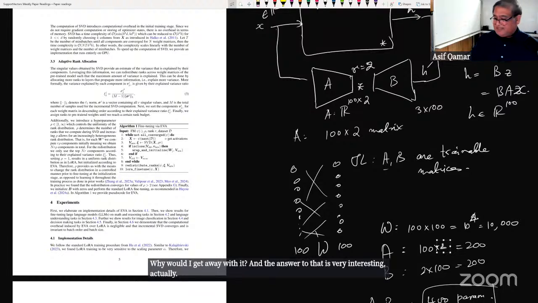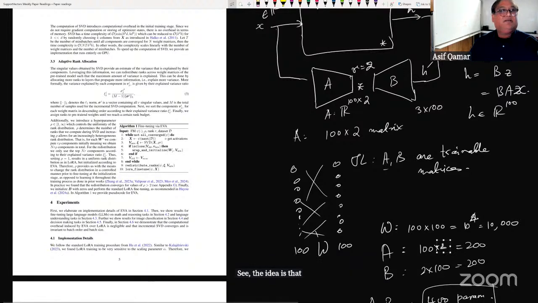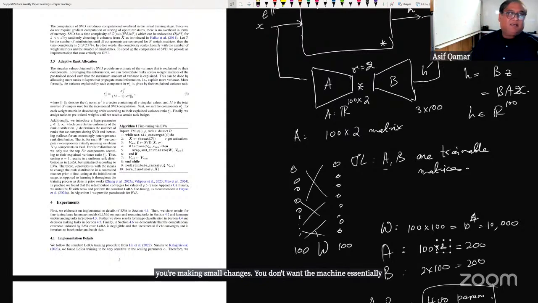See, the idea is that when you fine-tune, you're making small changes. You don't want the machine to forget everything that it has learned. You want it to hold on to, for example, its language understanding, but you're just teaching it a dialect, right? Small perturbations.